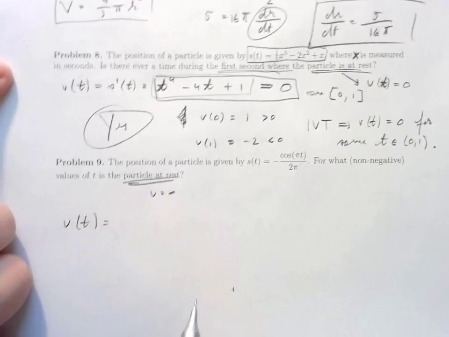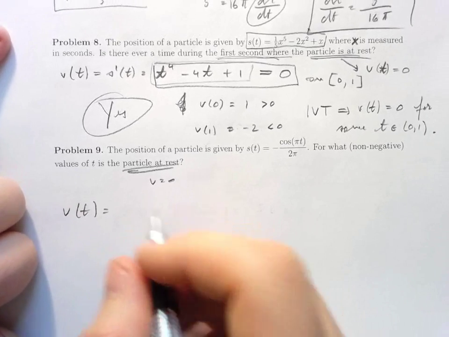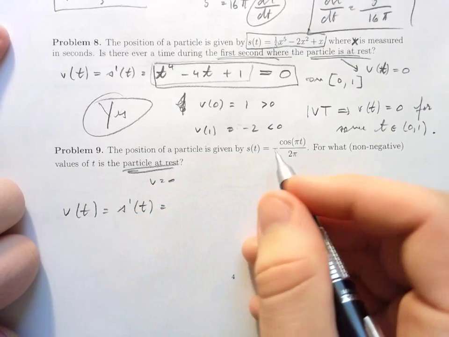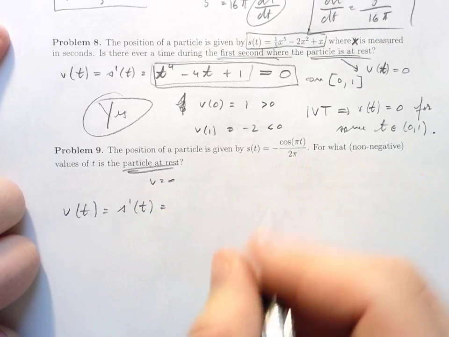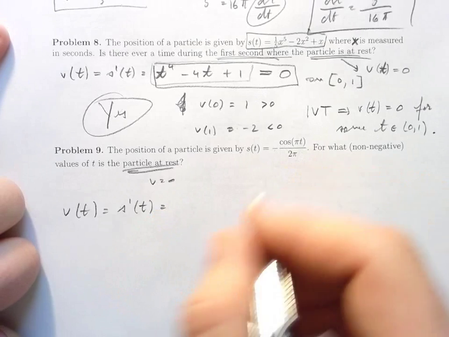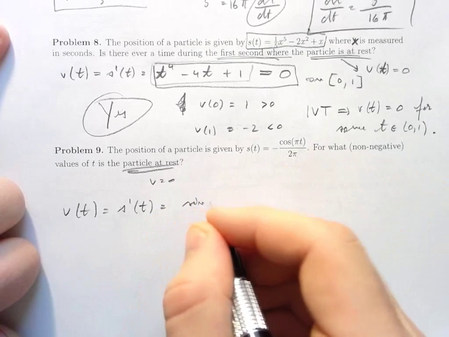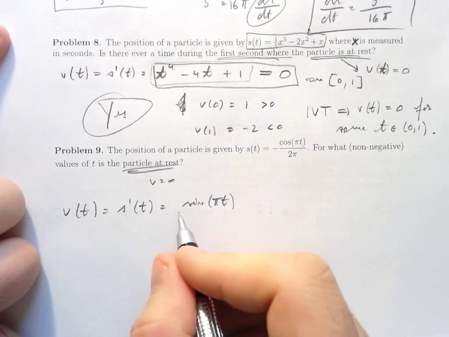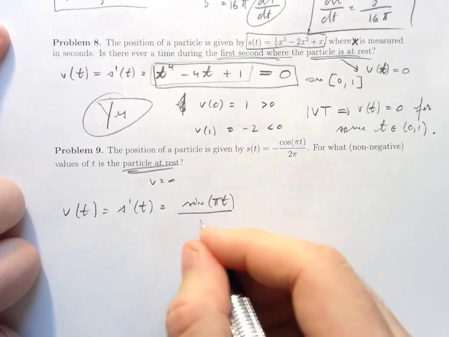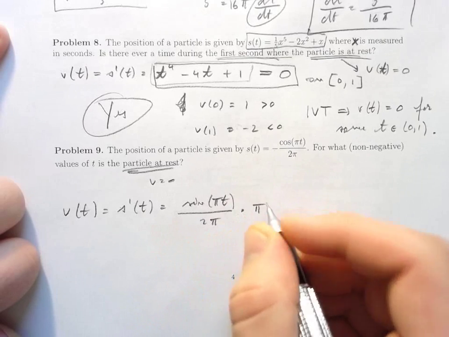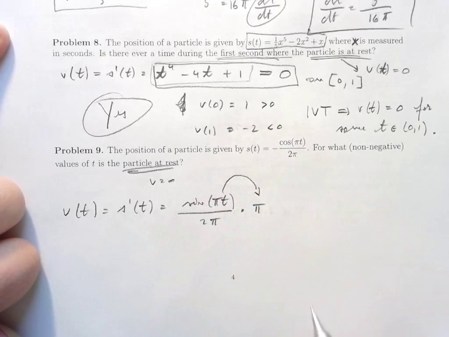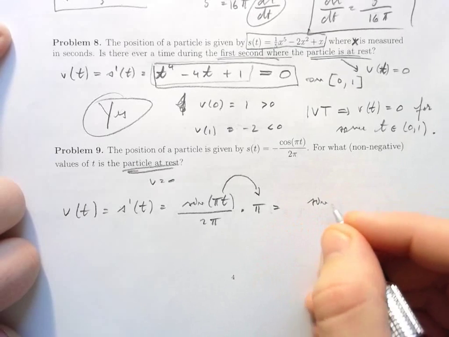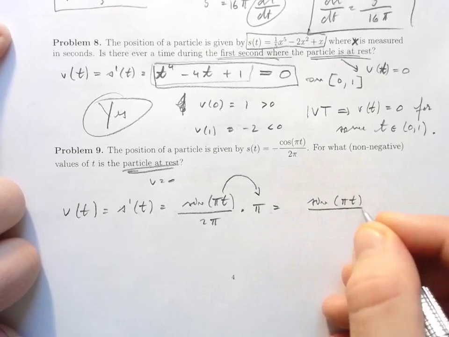V of t is going to be the derivative of the position function, so s prime of t, and this is a very simple derivative. The derivative of cosine is negative sine. Negative times a negative becomes positive sine of pi t, and that's divided by 2 pi, but I have to multiply by the derivative of the inside, which is just pi. So that's the same as sine of pi t over 2.